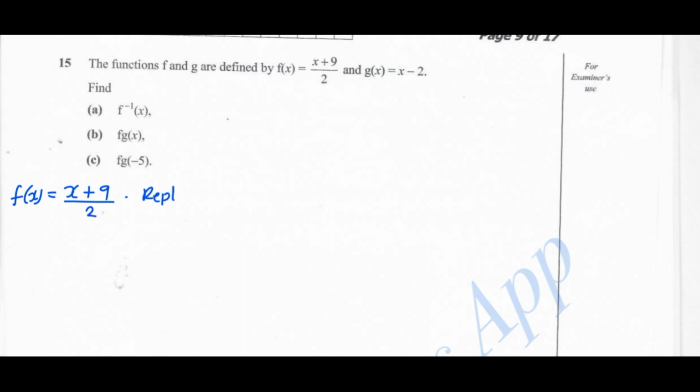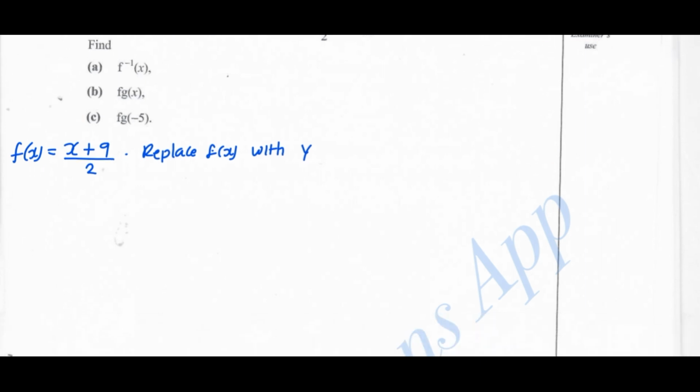Replace f of x with letter y. So we have y is equal to (x plus 9) over 2.